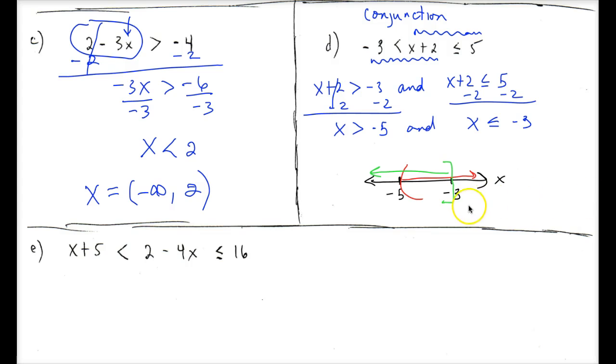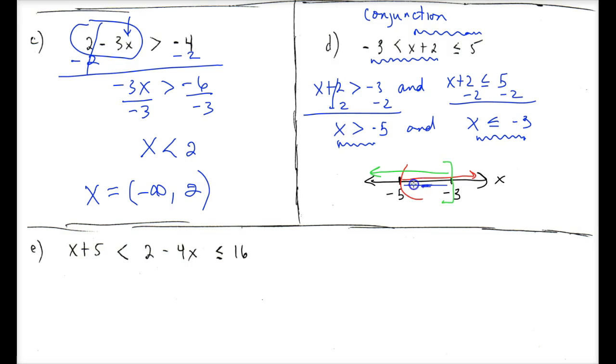All right, so now that I've drawn this graph here, what is in the red represents this one, which is values of x that are greater than -5. What is in the green goes along with this one, which is all the values of x that are 3 or smaller. And so the values of x that satisfy both of these at the same time are all these numbers that are in between here.